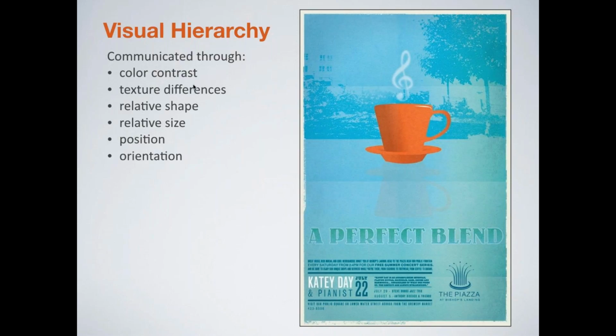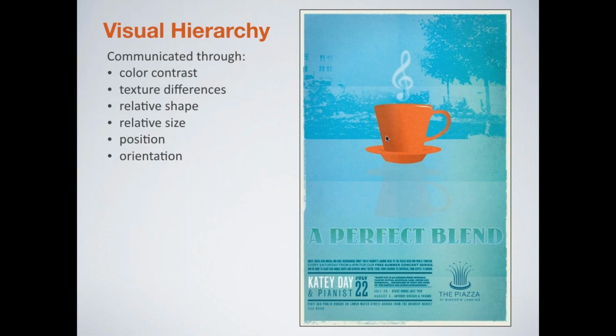But when you are creating your own designs, really think about how you can add emphasis to the most important elements, whether it's the title or the most important aspect of the image or what have you. Some ways you can add emphasis is by contrasting the color like they've done here.